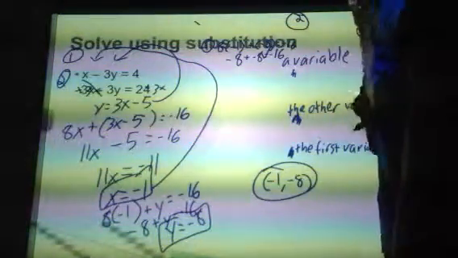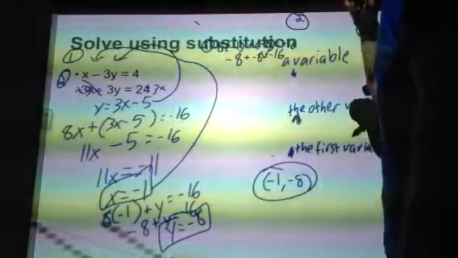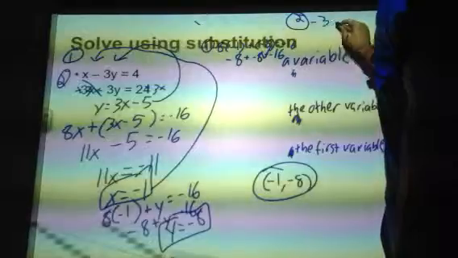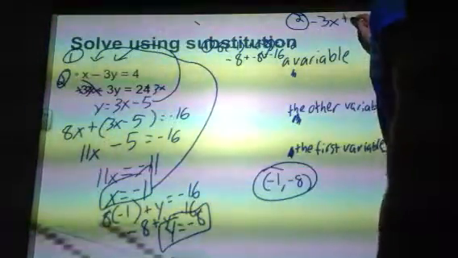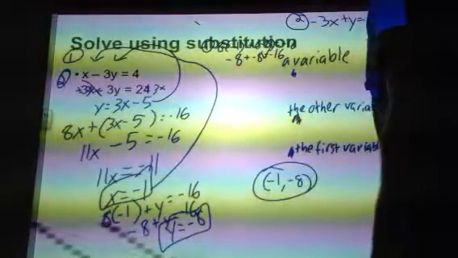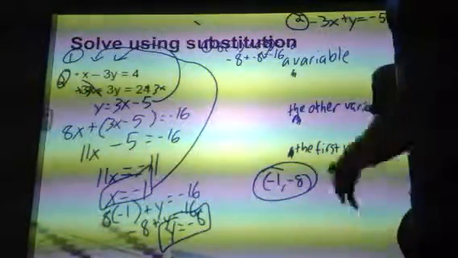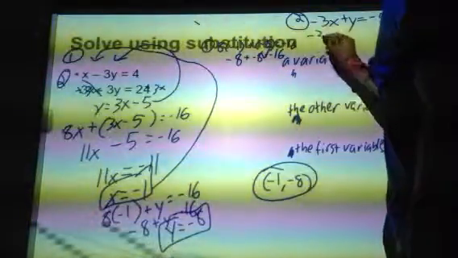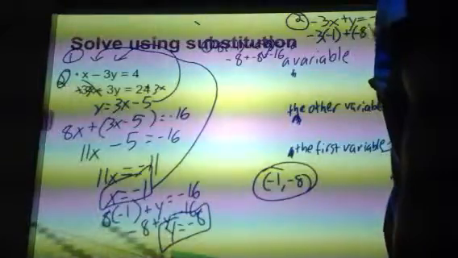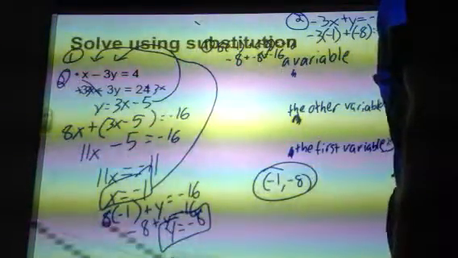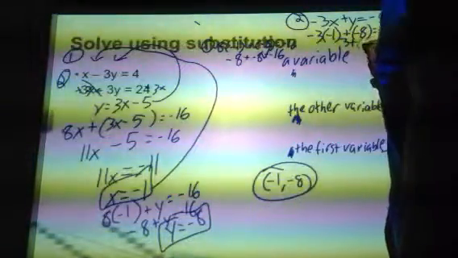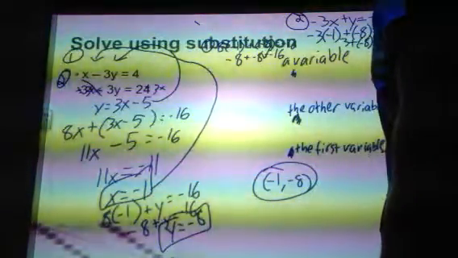Equation 2 was -3x plus y equals -5. Okay, so substitute our point in. -3 times -1 plus -8 equals -5. -3 times -1 is going to be 3, plus a -8 equals -5.